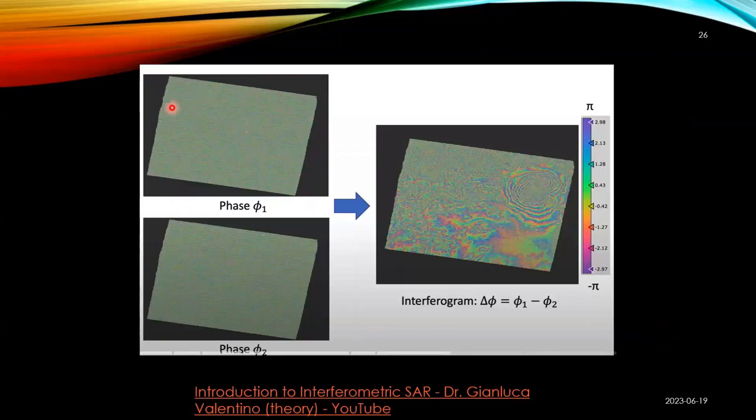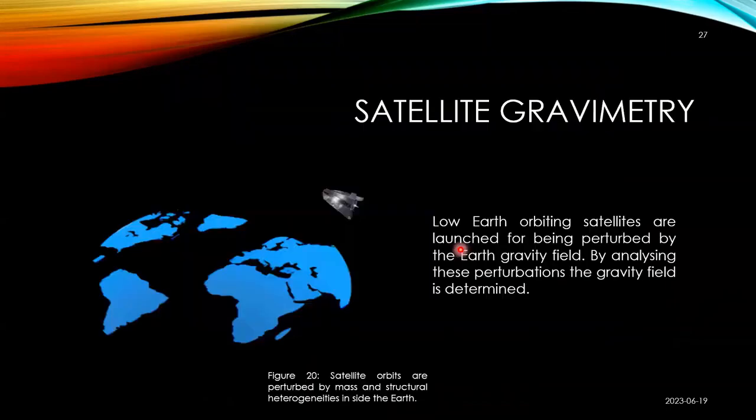This is the phase before the deformation, and this is the phase after the deformation. By looking at the phase, you cannot see that much. But when you subtract them from each other, you will see some fringes showing some features of the land surface. I'm not going to go into the details about this. I think it's very well known.